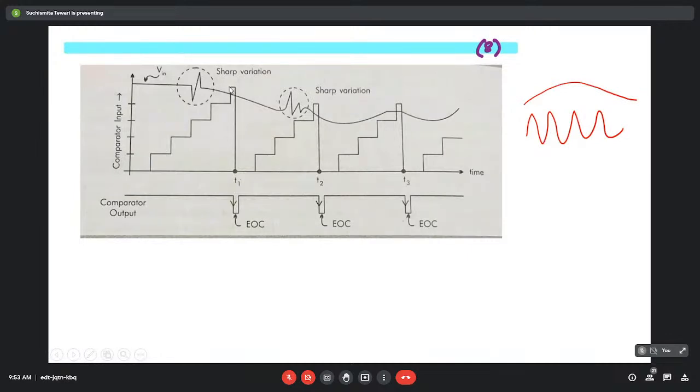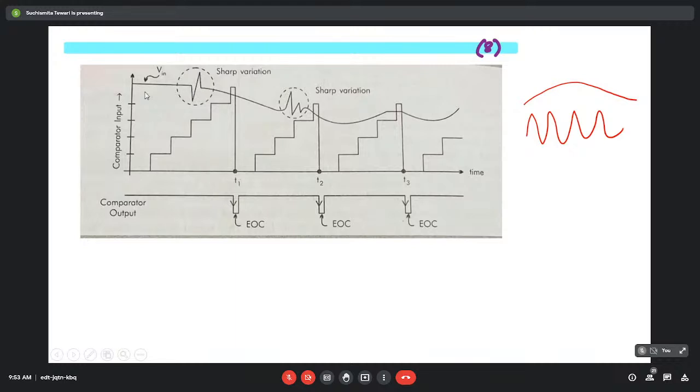Once it detects the analog signal, the counter is cleared, it drops down here, and again it will start counting like this.